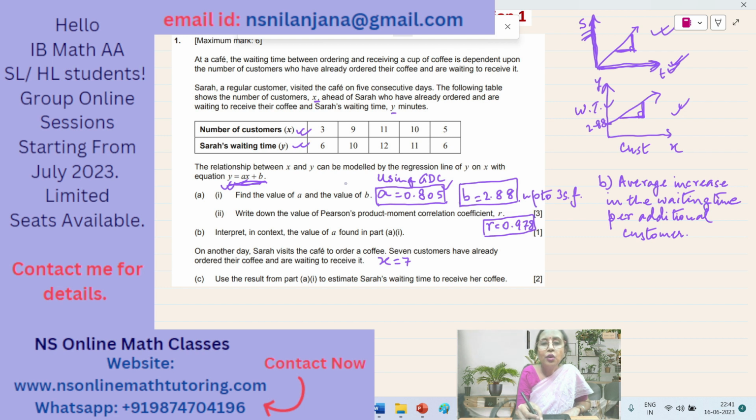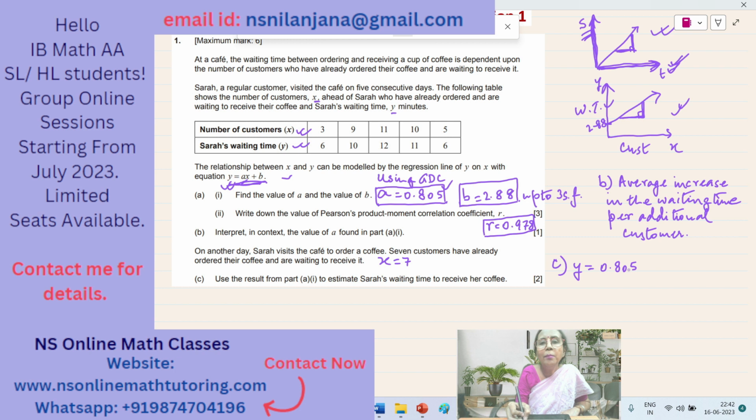X is given. So we have the regression line equation. We will be just substituting the values. So this is subpart C. Waiting time will be y. So y is equal to A is 0.805.